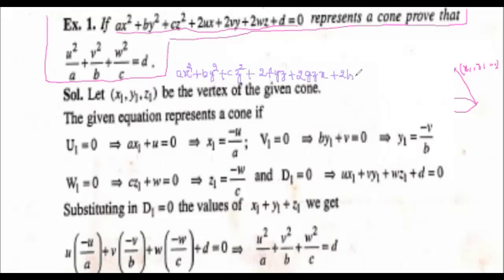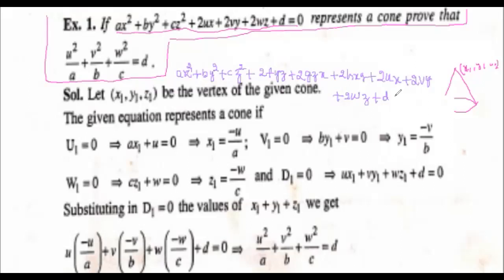That is a second degree equation in x, y, z: 2hxy plus 2ux plus 2vy plus 2wz plus d equal to 0. This is our general equation.